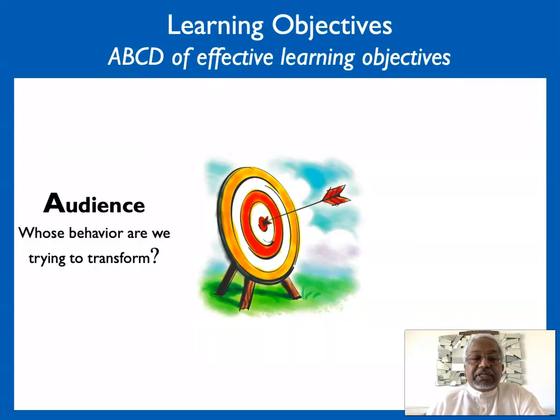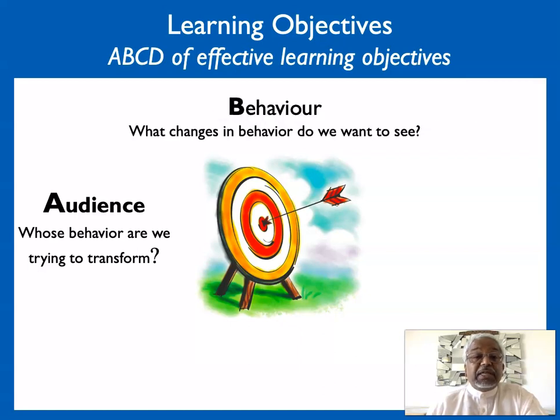A stands for audience. So we focus on the audience when we write our learning objective. Whose behavior are we trying to change or transform? B is the behavior, and we want to be specific about what behavior we want to see take place differently.